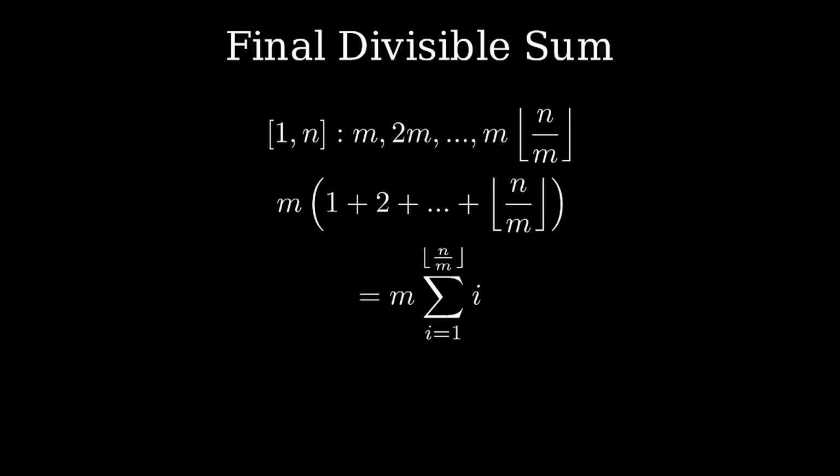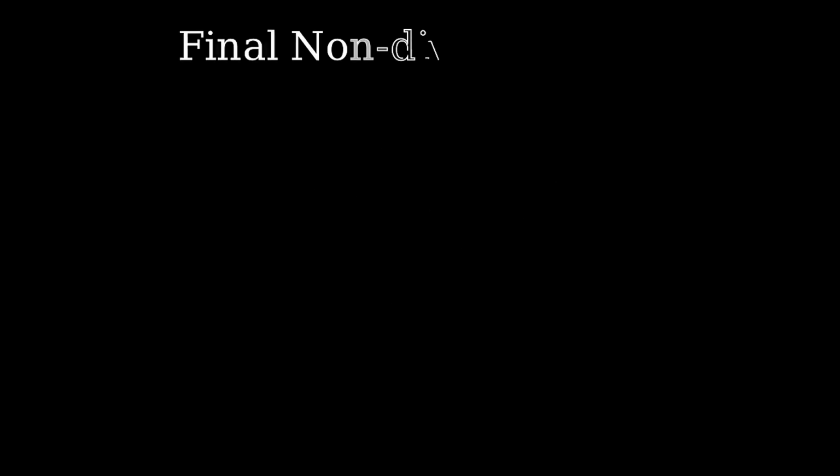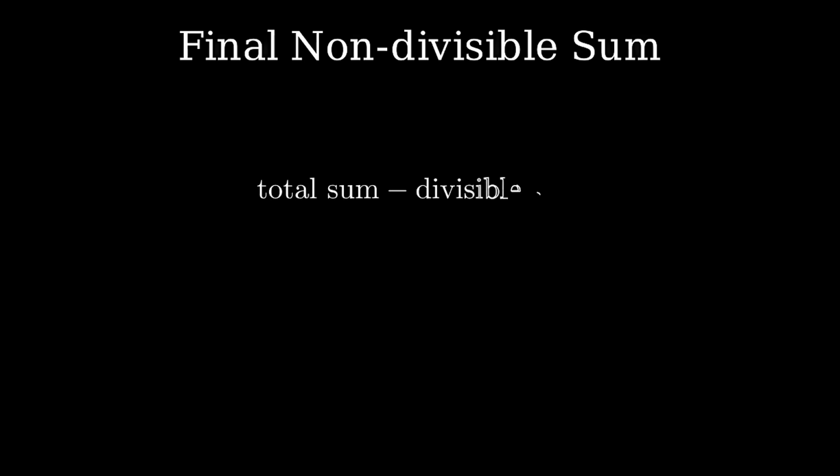And recall that the answer that we have to get is the sum of the elements that are not divisible by m minus the sum of elements that are divisible by m. So how do we get the total sum of elements that are not divisible by m? Well, this is actually simple. We can take the entire sum of the list of numbers from 1 through n, which will be the sum from i equals 1 to n of i.